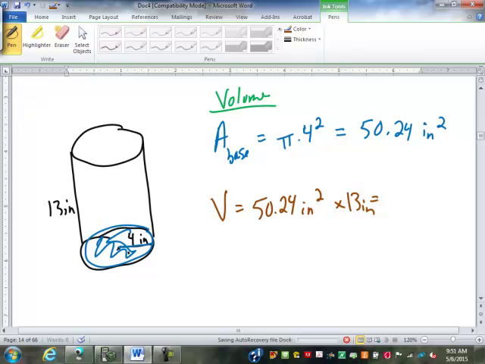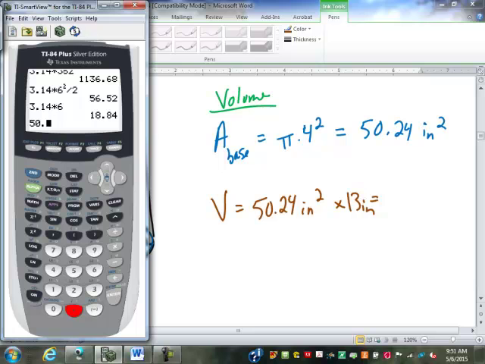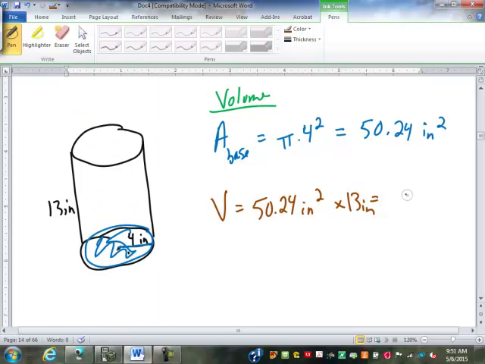Yeah, I made a mistake. It happens. It may happen again someday. Not very likely, but maybe. So we get 653.12 inches cubed, and that is your volume.